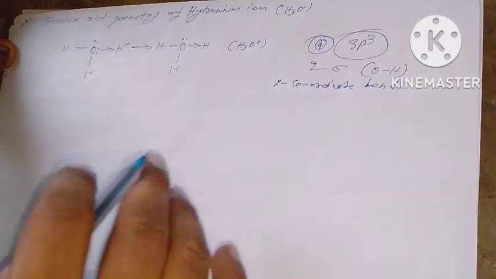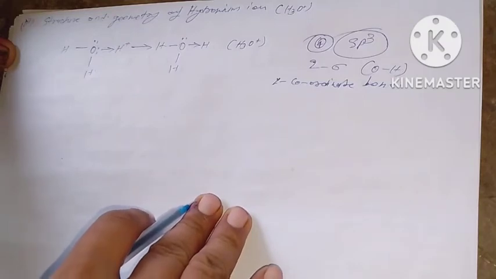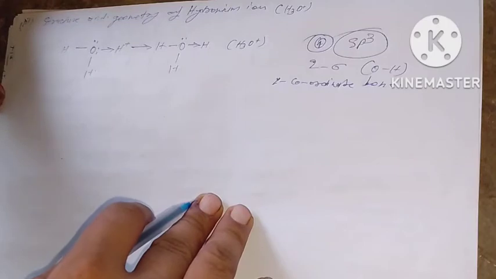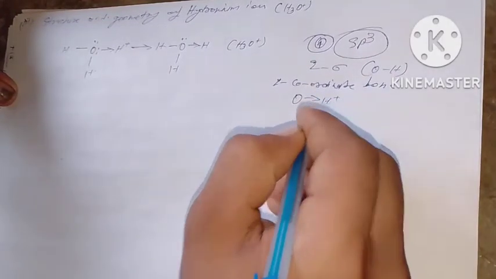This bond is also formed by donation of a pair of electrons from the oxygen atom to the hydrogen ion.